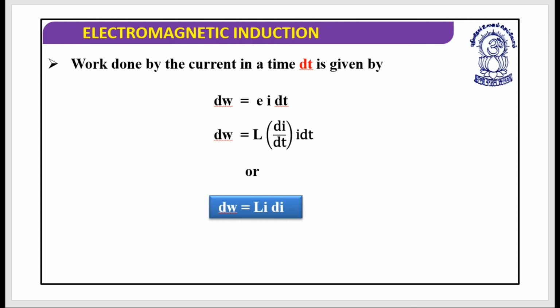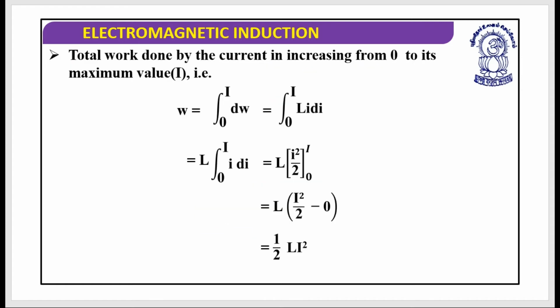Now let's find out the work done. Work done by the current in a time dt, that can be considered as dW equals E I dt. It's V I dt. So substituting E, it is L di by dt multiplied by I dt. Cancelling dt and dt, dW equals L I di. Now let's integrate this.